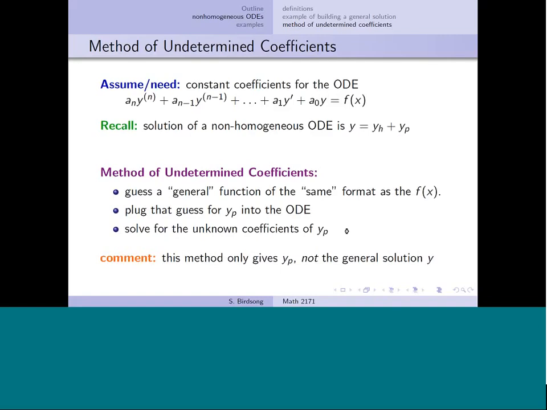And here's the warning at the end. Don't forget this method is only going to give you your particular solution. You still have to go ahead and grab your homogeneous solution using your characteristic equation, and then you grab the particular solution from method of undetermined coefficients, add them together, and that's your final answer.